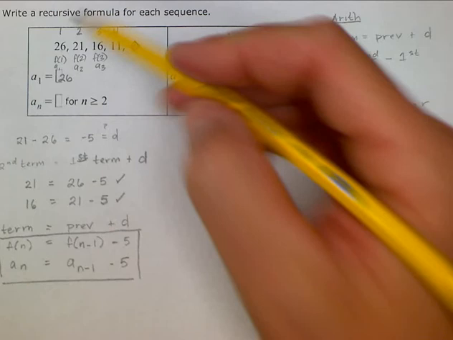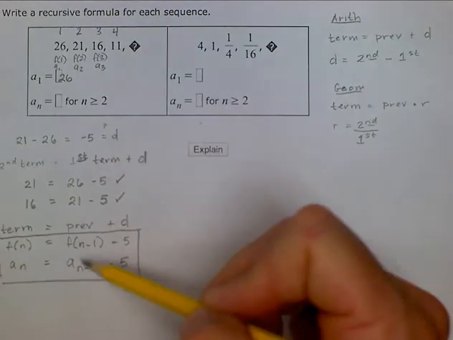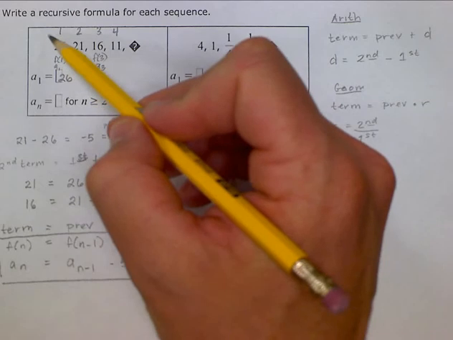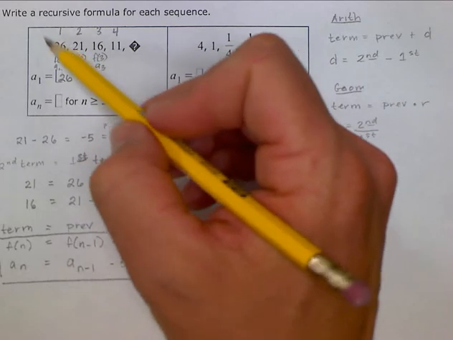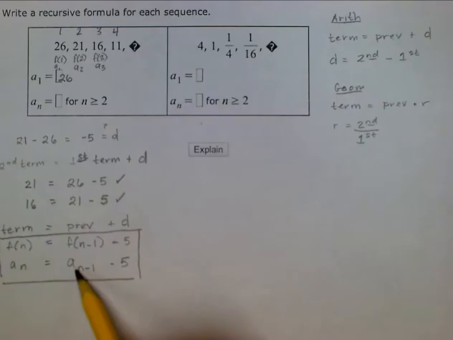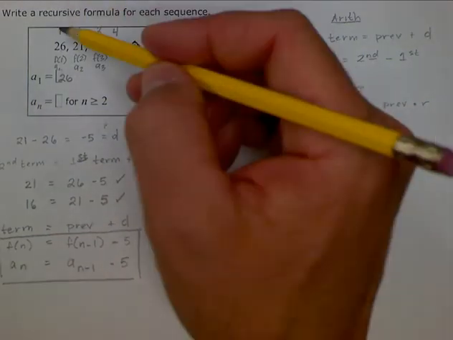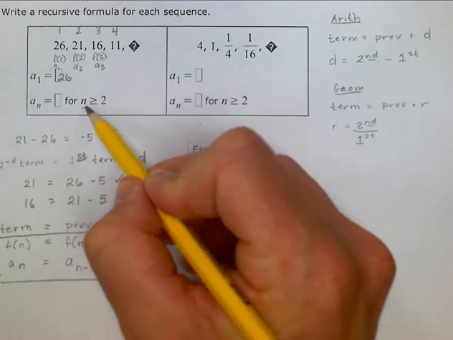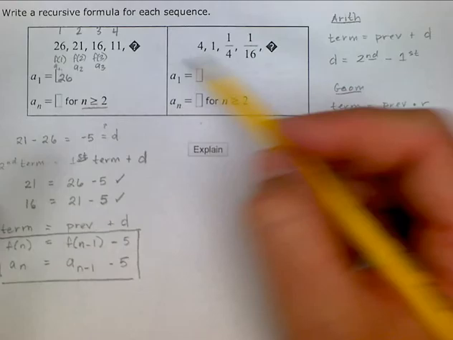If n is less than that, we would be talking about terms less than the first term, which doesn't exist. If you plugged in 1, you would have a subscript 0, which would be the 0th term, which is not a thing. And that's why we have this qualifier, n is greater than or equal to 2.